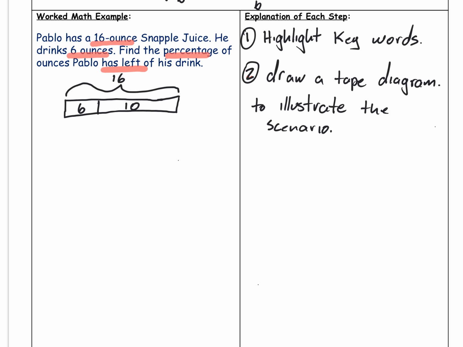So I'm actually going to highlight with red what he drank. So he no longer has this. Now we are looking for what percentage he has left. To find a percentage, we are going to move to step 3.